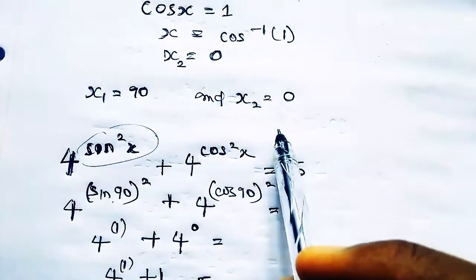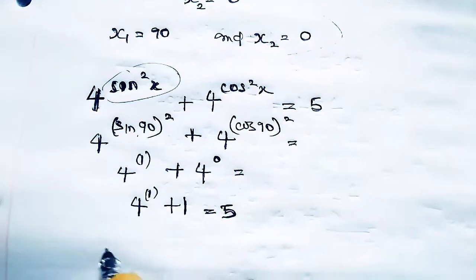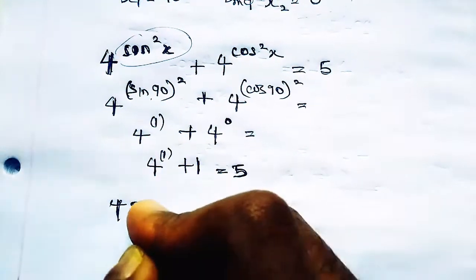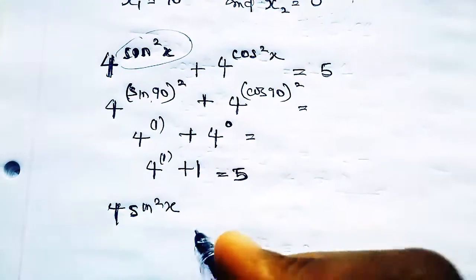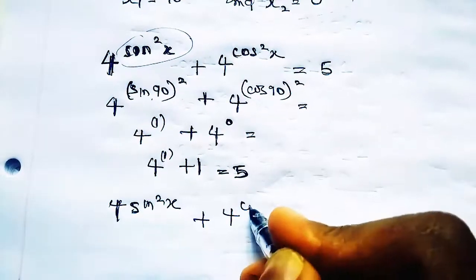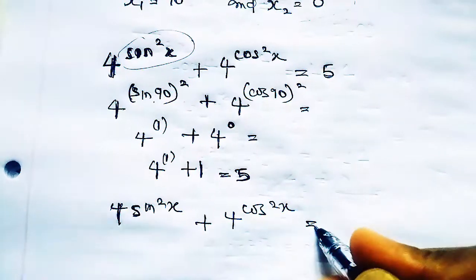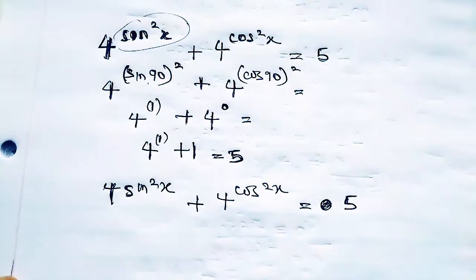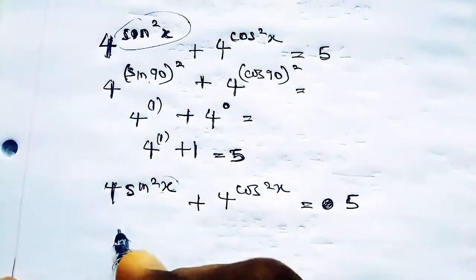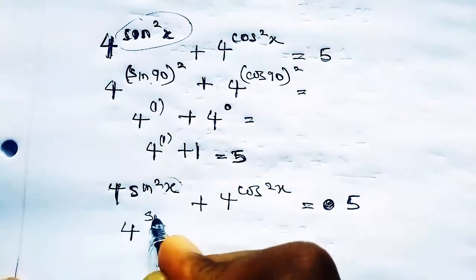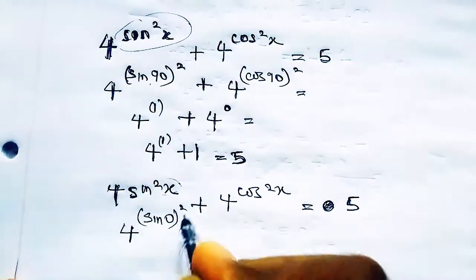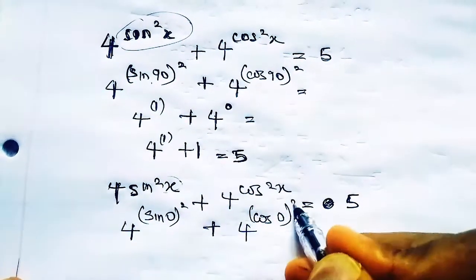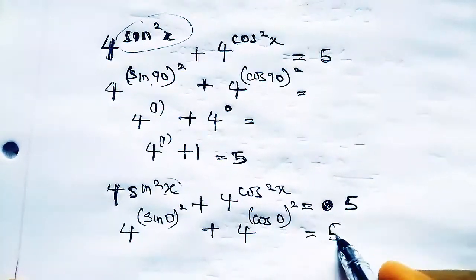So testing for my second value of x, which is 0. We'll be having 4 raised to power sine square x plus 4 cos square x. Let's see if it will give us 5. Substituting x to 0, this is sine 0 all squared plus 4 cos 0 all squared equals 5.